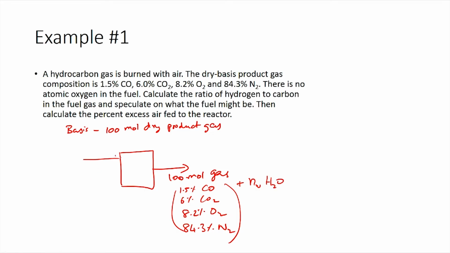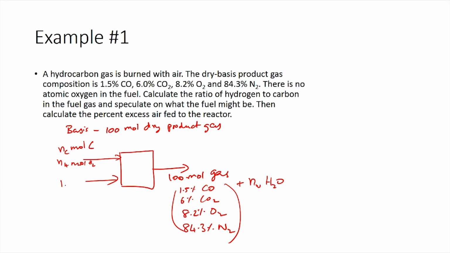So, you would have two inputs, one being the fuel and the other being air which is supplied for burning the fuel. So, the fuel would contain NC moles of carbon and NH moles of hydrogen. So, it has been mentioned that it is a hydrocarbon gas and it does not contain any oxygen in the fuel gas, which means you have only carbon and hydrogen which have been represented here.